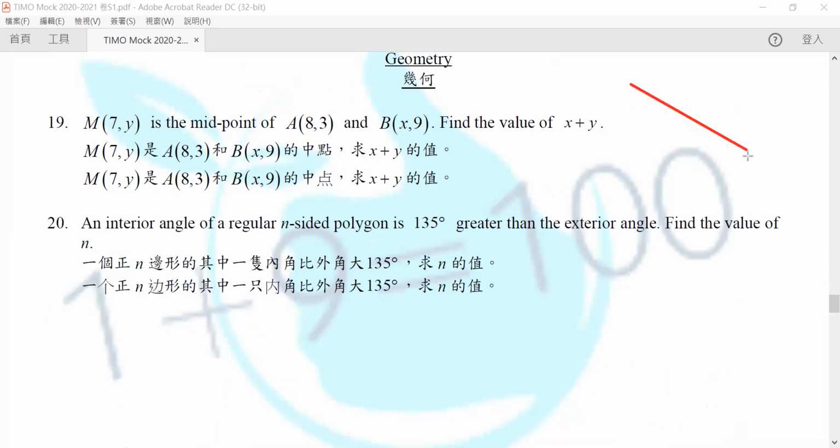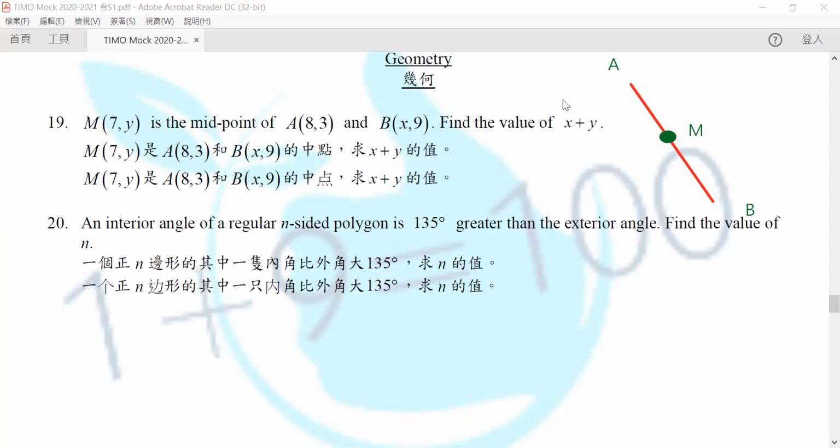So we know that this point is our A. This point is our B. And the middle point is our M. We know that the x coordinate of M must be the average of the x coordinates of A and B, right?